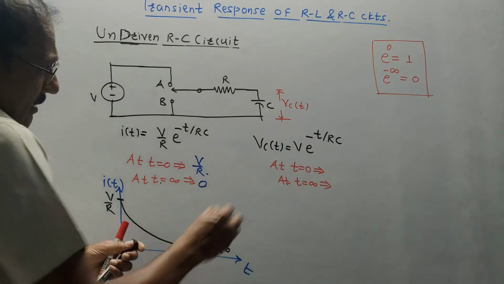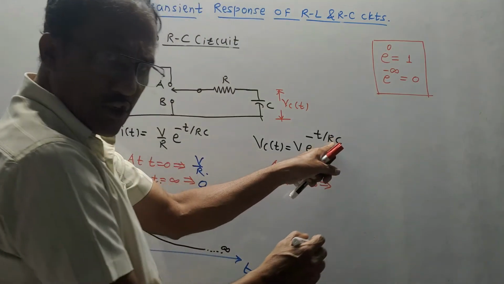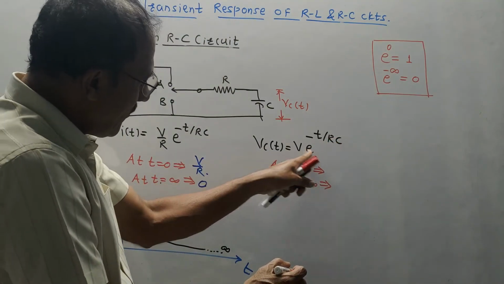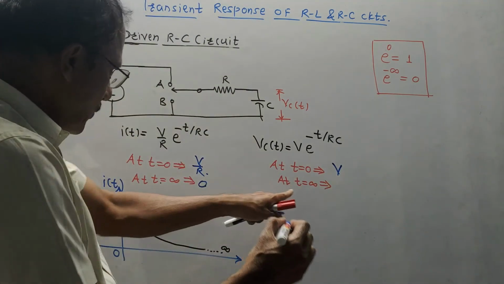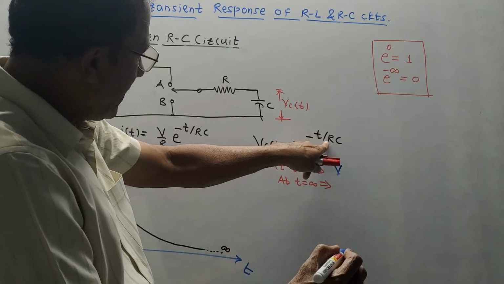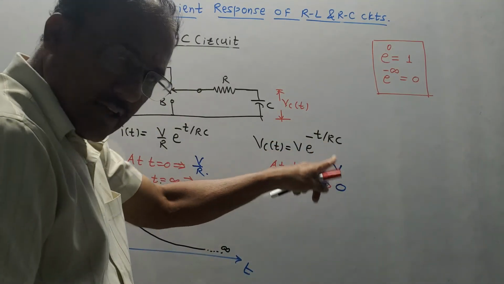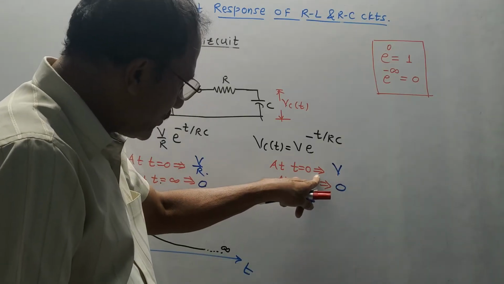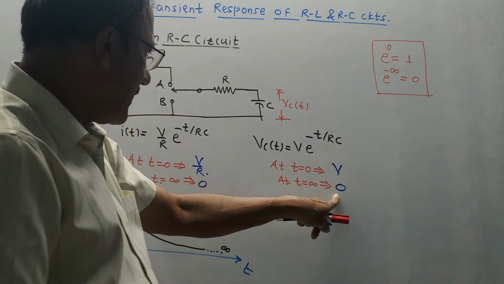Same way for Vc of t. If you put t is equals to 0, e raised to 0 becomes 1, 1 into V becomes V. Then if you put t is equals to infinity, you will be getting e raised to minus infinity, which is 0, 0 into V is 0. So the graph starts at t is equals to 0, whose value is V, and ends at infinity, where the value becomes 0.